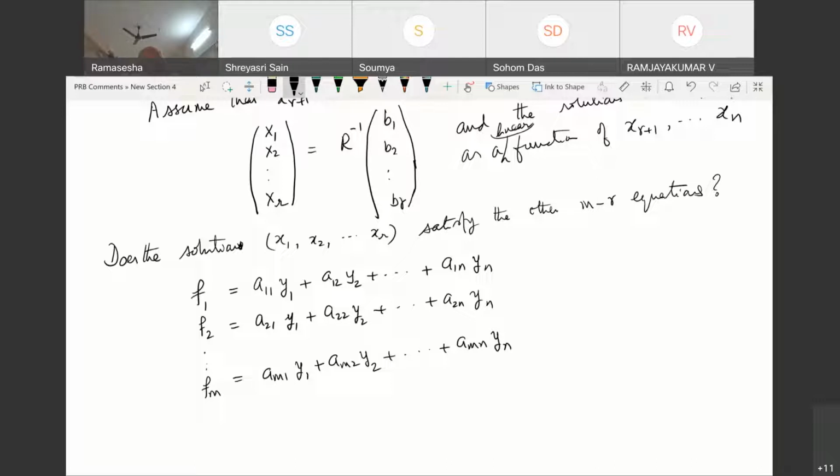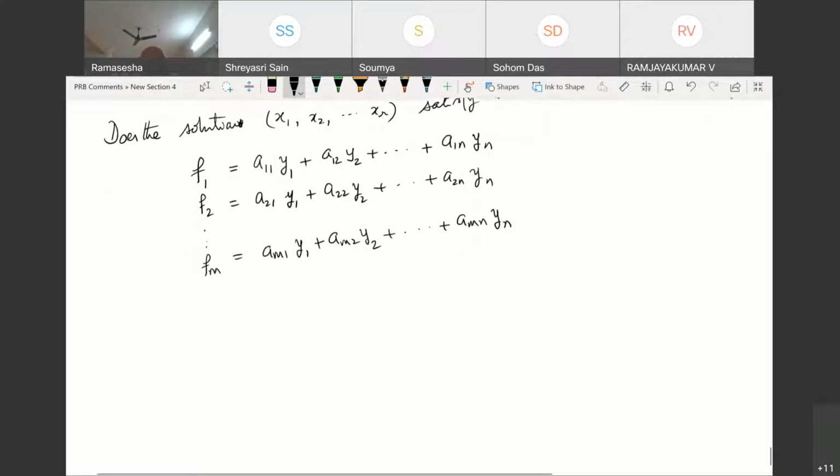Otherwise f1, f2, fm are non-zero. So I'm just taking a general case where I have taken a linear sum of the variables y1, y2, yn, and then I have determined the values f1, f2, fm, which are defined as shown here. Any questions?